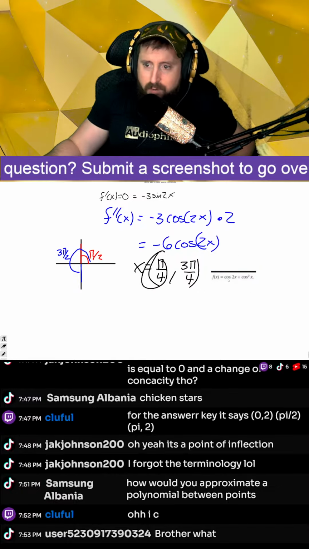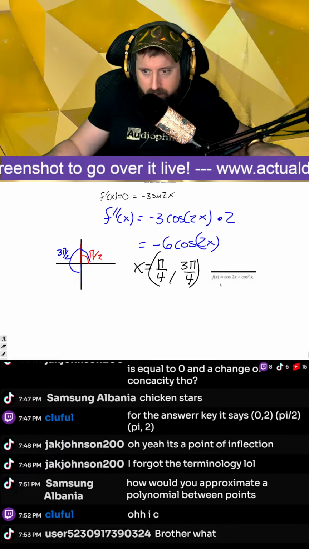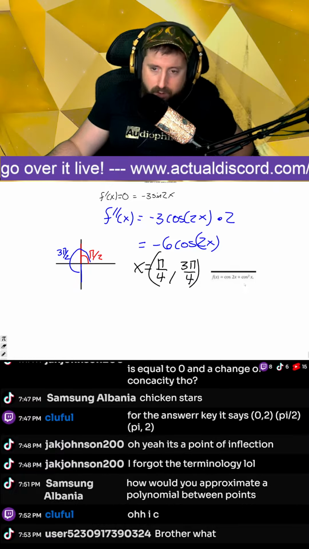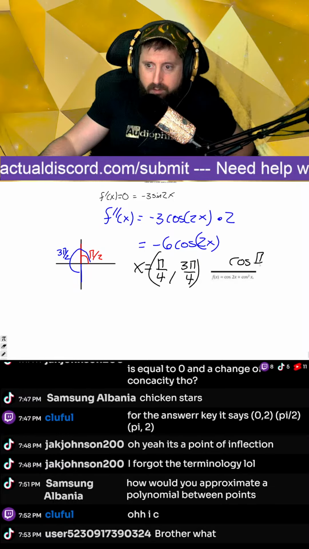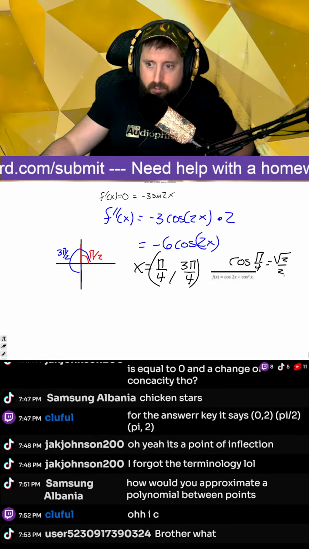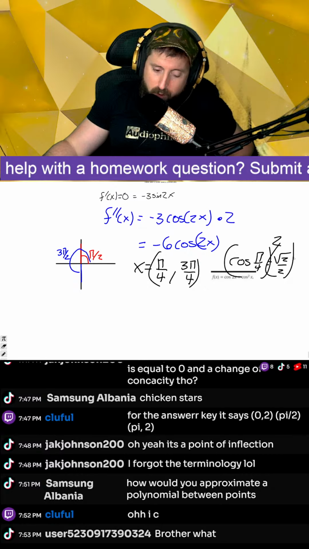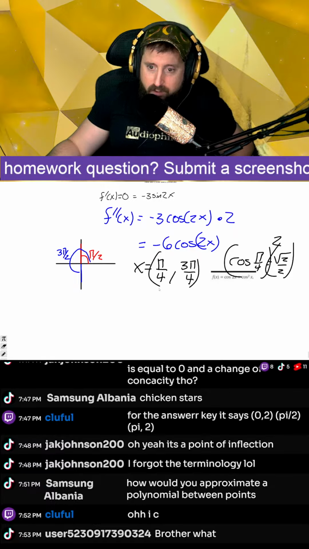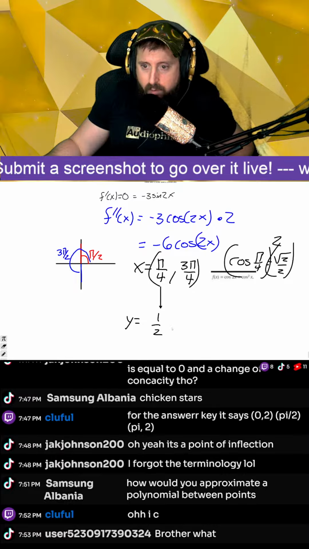If you plug this in, you get cosine of pi over 2, which is 0, plus cosine squared of pi over 4. So, cosine of pi over 4 is equal to square root of 2 over 2. So, cosine squared is going to equal square root of 2 over 2 squared. So, that's 2 over 4. It's 1/2. So, this right here corresponds to a y equaling 1/2.